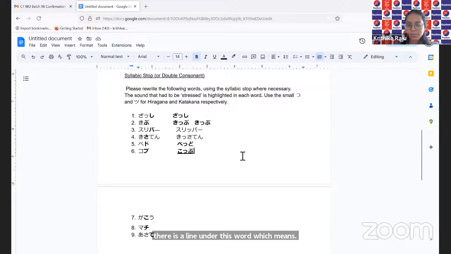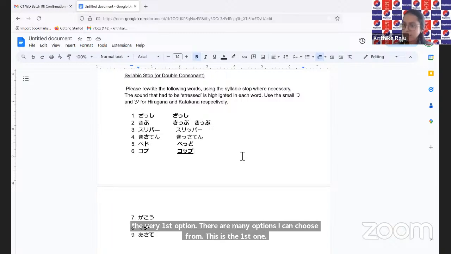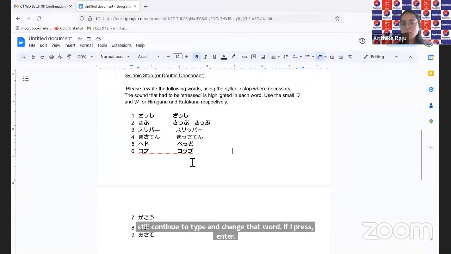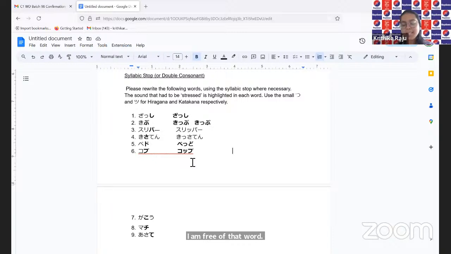So I press space and I can change it to katakana. That's the very first option. There are many options I can choose from. Now the line is still there, which means you can still continue to type and change that word. If I press enter, I am free of that word. I can go to the next word. I'll tell you more about this as we do sentences also.